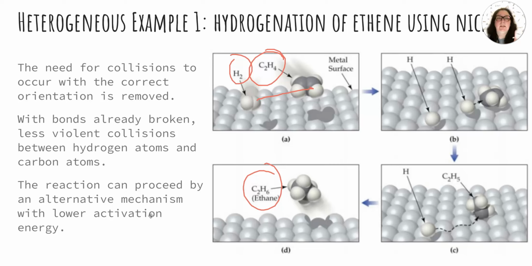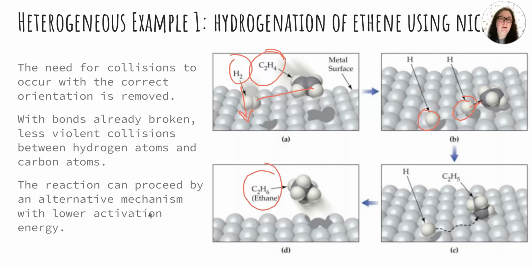So what they do is throw in this nickel, which is just a solid piece of metal. What happens is the H2 will run into the nickel, the solid metal, and when that happens, it breaks the H2 apart. That makes the hydrogen more available to bond with the ethene.